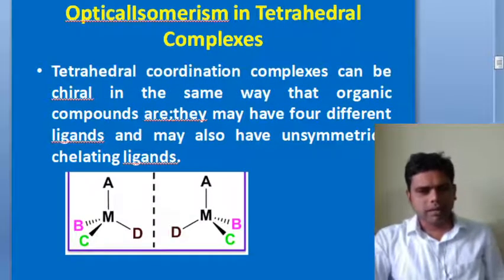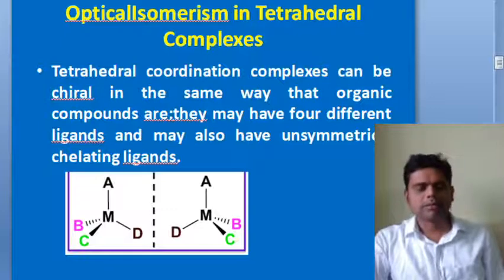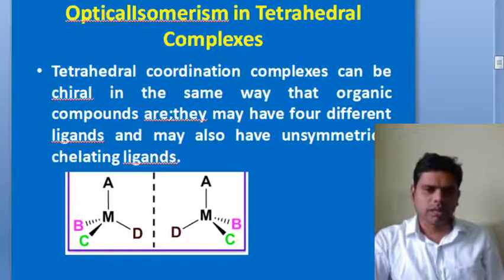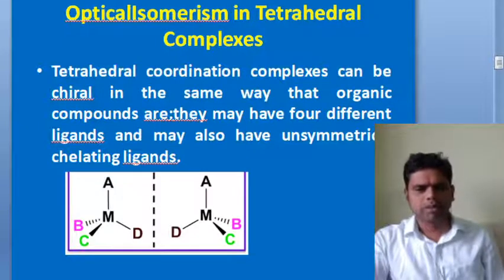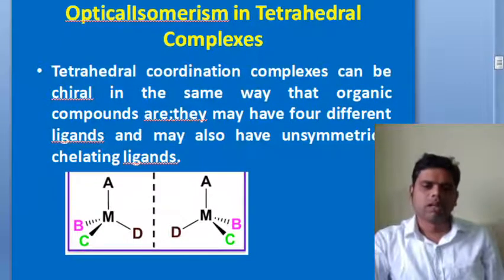We have tetrahedral complexes and octahedral complexes which exhibit optical isomerism. Even a very few cases of square planar complexes, which is a rarity, also exhibit optical isomerism, but there are some exceptions. Your ligand has to be chiral, not the complex as a whole, and it results in the complex being chiral.